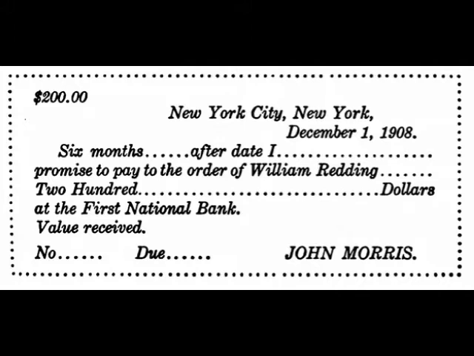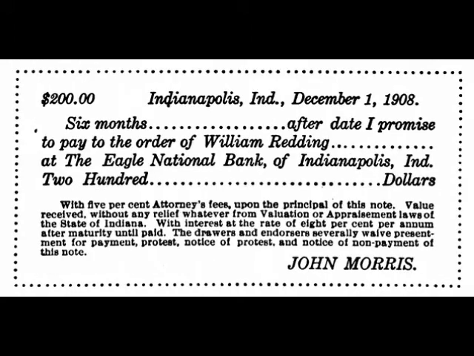The following is a form of a promissory note which is common in some jurisdictions. $200. Indianapolis, Indiana, December 1, 1908, 6 months. After date I promise to pay to the order of William Redding at the Eagle National Bank, of Indianapolis, Indiana, $200, with 5% attorney's fees, upon the principal of this note.